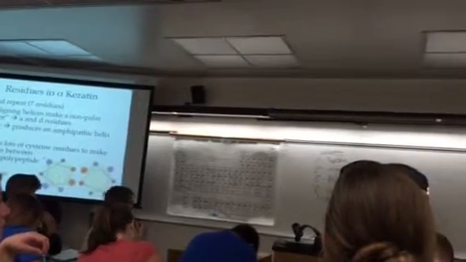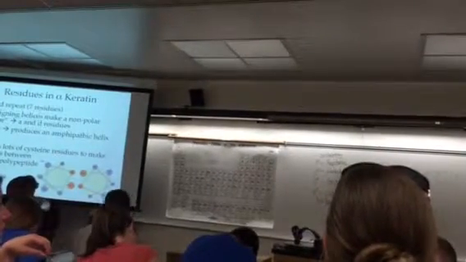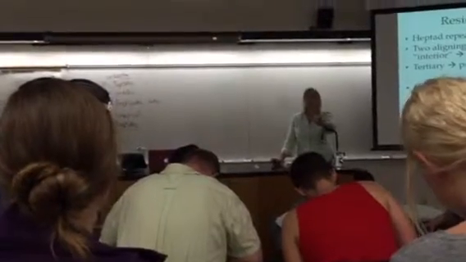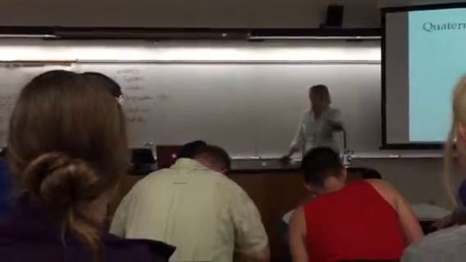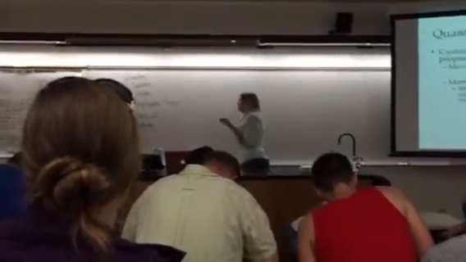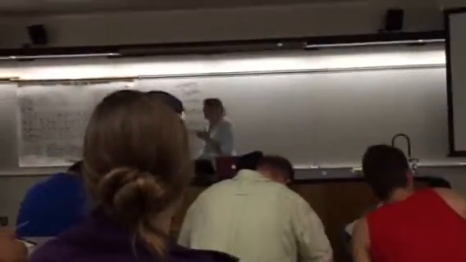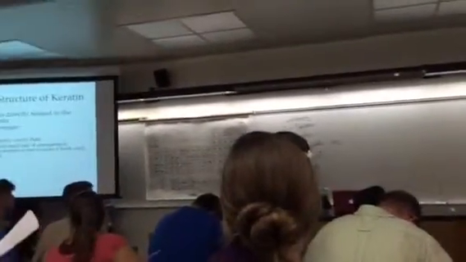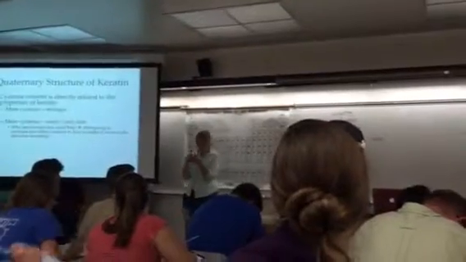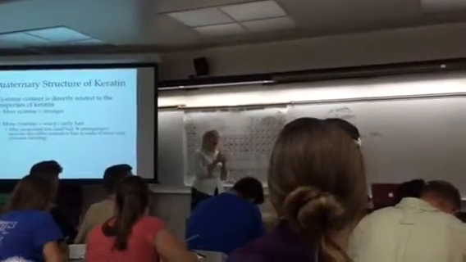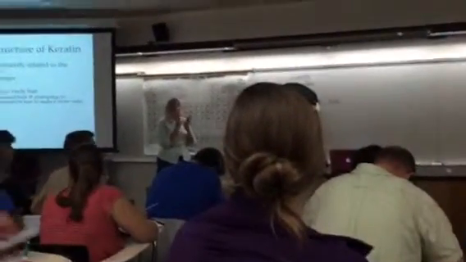Okay? Here's the thing. Alpha keratin, what it looks like, and what overall we see with it depends upon that cysteine count, or the percentage of cysteine that we have in it. Okay? The cysteine content that we have is directly related to the different properties of alpha keratin. Okay? The more cysteine you have, what do you think, stronger or weaker?